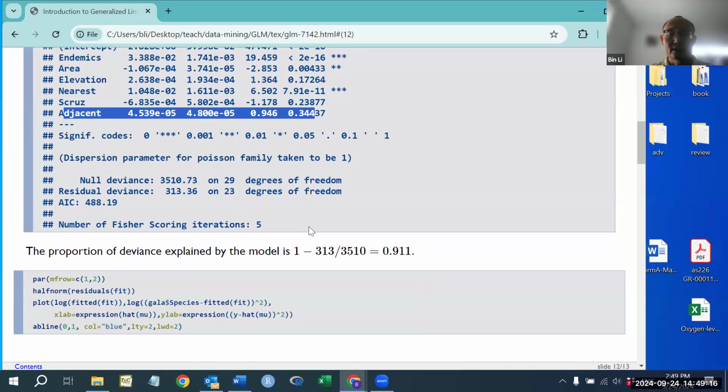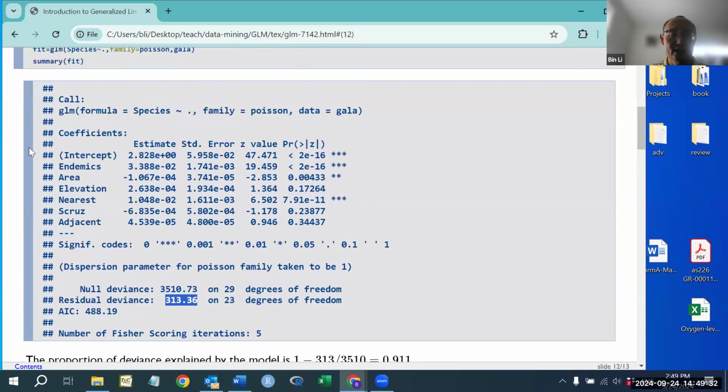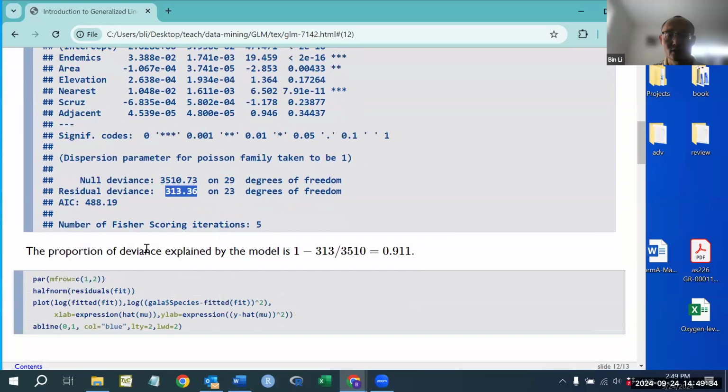Okay, and what is the proportion of deviance explained by the model? You can see the null deviance is this one, and the residual deviance after adjusting for these variables is this one. So we can compute 1 minus the residual deviance divided by the null deviance.